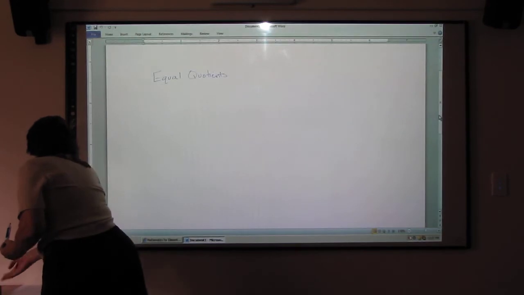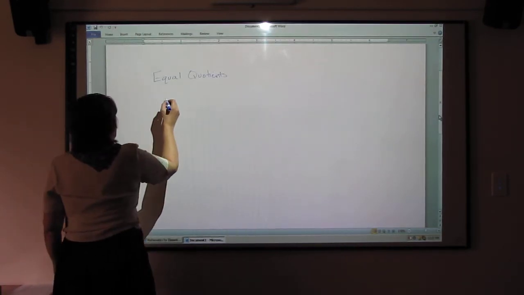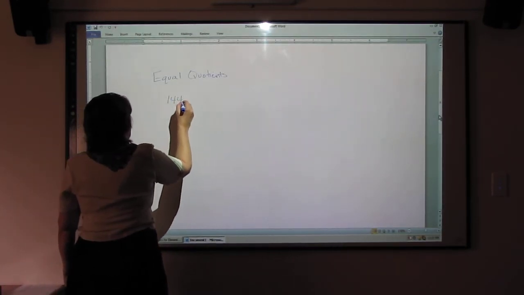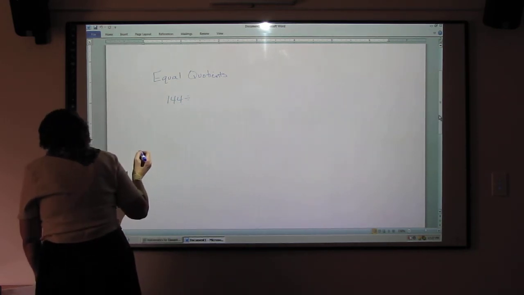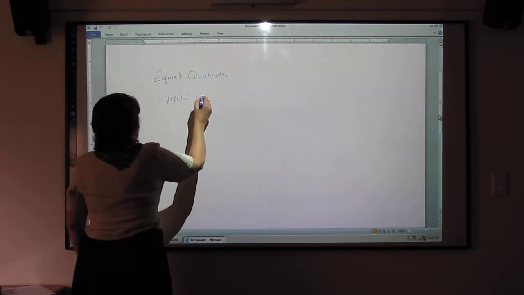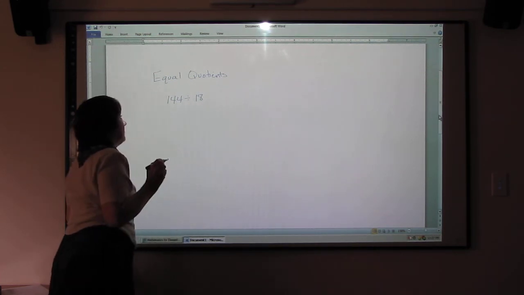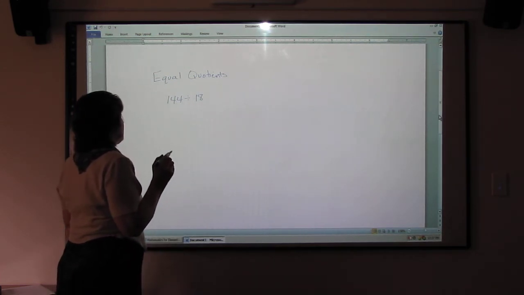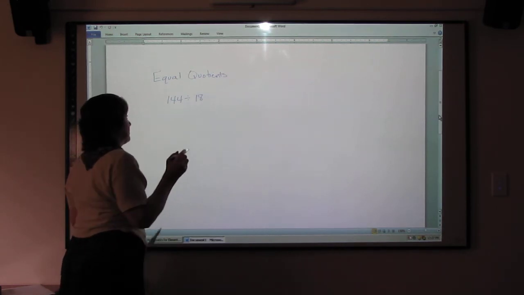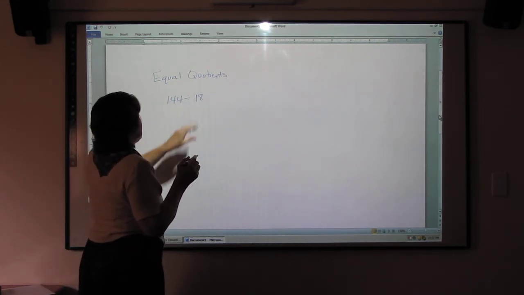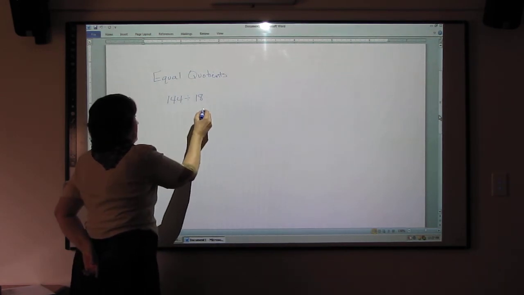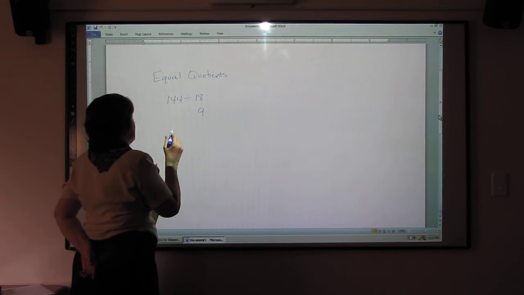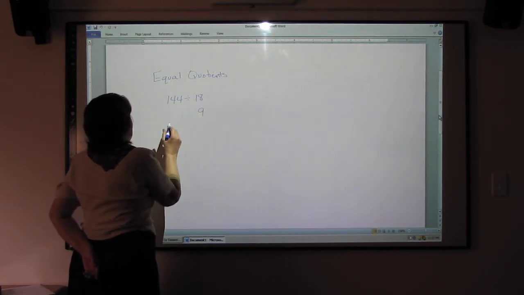Let's take a problem like 144 divided by 18. Now, neither one of them look like there's any real easy number with a trick, so let's go ahead and get this one to a number that is a single digit, which means I'm going to make that into 9. So I divide it by 2. If I divide this by 2, fairly easy to do in your head.